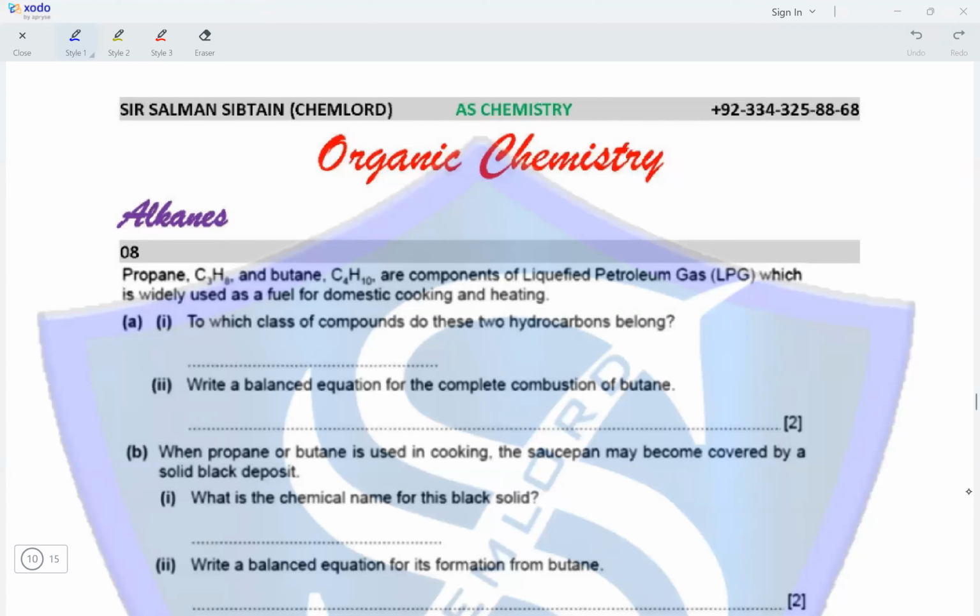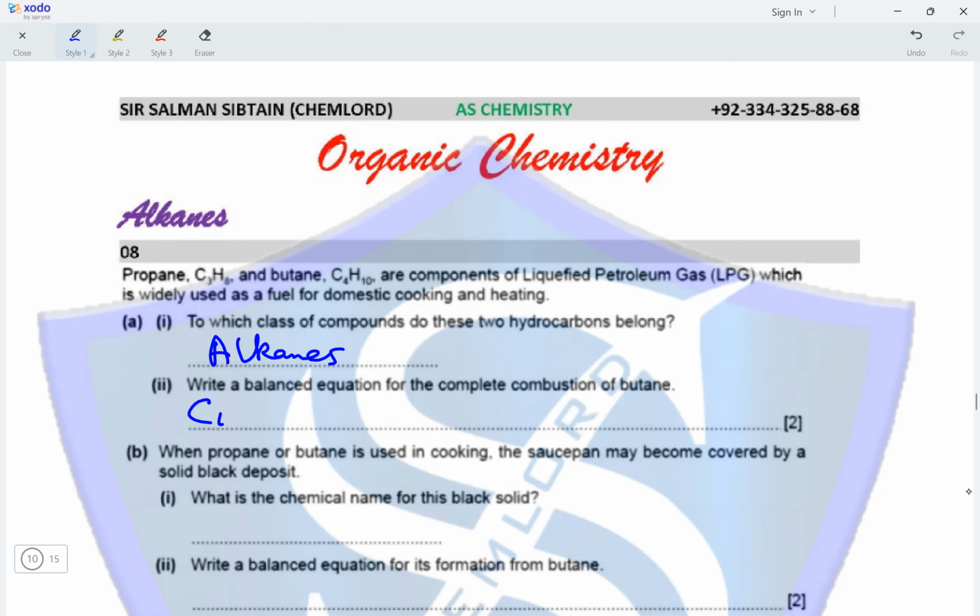Question 8. Propane and butane are components of liquefied petroleum gas, which is widely used as a fuel for domestic cooking and heating. To which class of compounds do these two hydrocarbons belong? So C3H8 and C4H10 are both alkanes. Write a balanced equation for the complete combustion of butane.